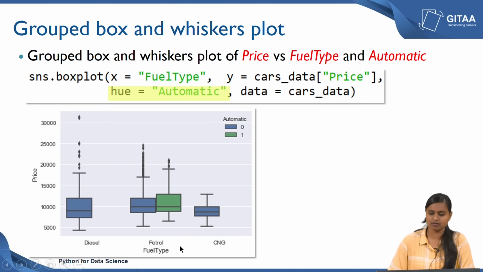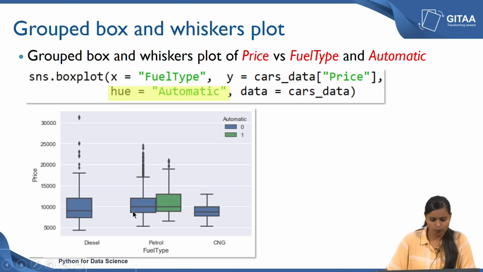Here you have the same box plot as the previous slide, but you have other boxes corresponding to the different fuel types, and these are the representation of the automatic variable. The zeros are representative of manual gearbox and the ones are representative of automatic gearbox, represented by blue and green in color respectively.